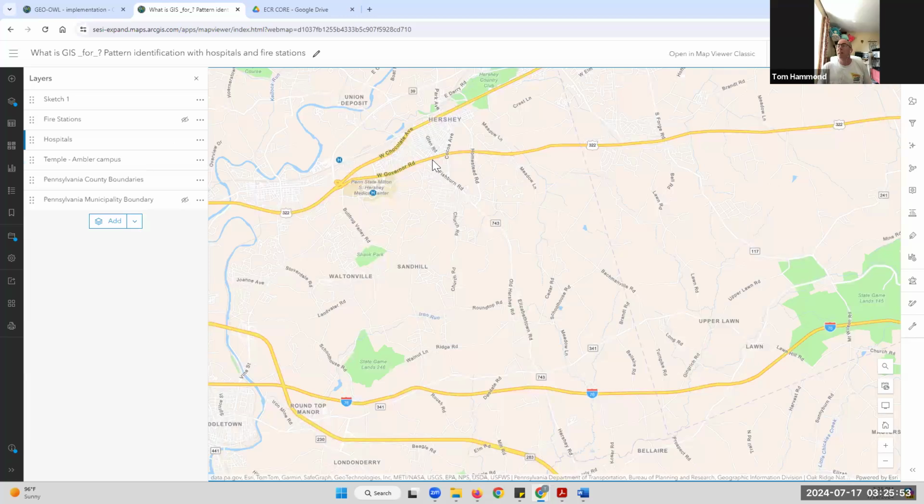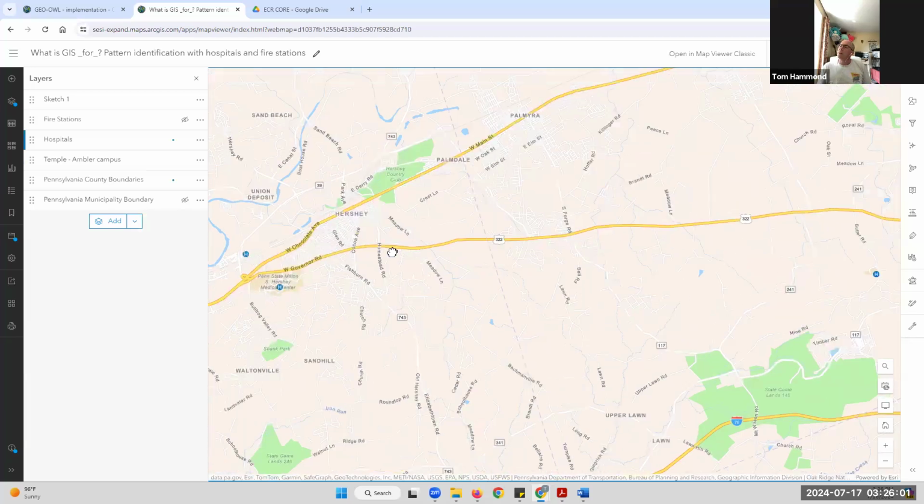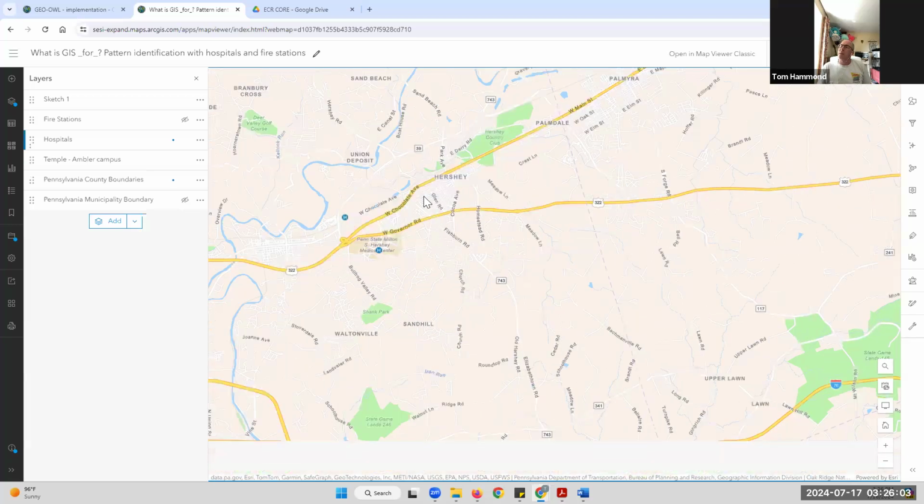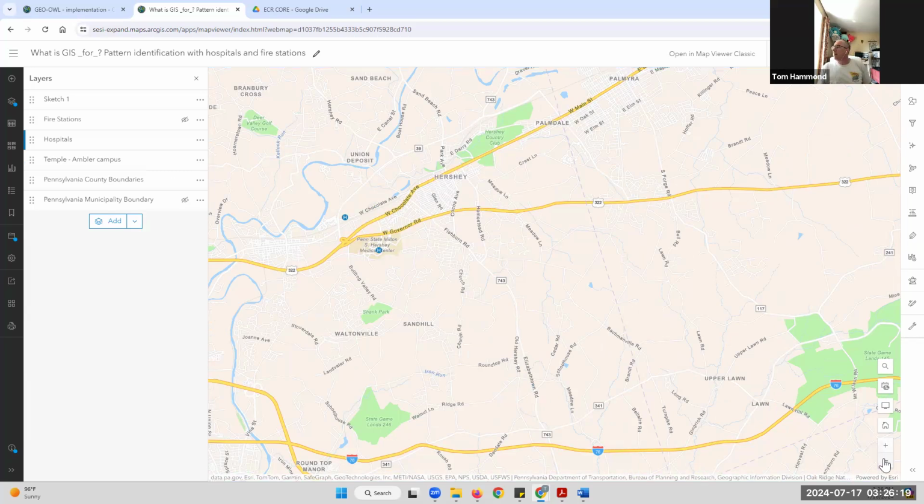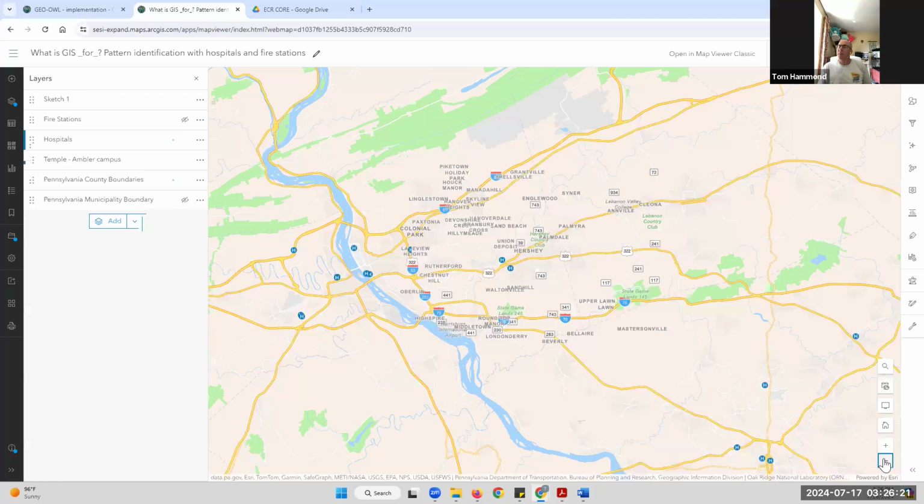Where they are located is along the major roadway, and specifically the places where you have this confluence between 322 and I guess Main Street. So they're out here at this end of Hershey because this end has the greatest connection to roadways that run west and northeast and east, as opposed to if they were out on the east end of Hershey. There's not quite the same transportation network from there.